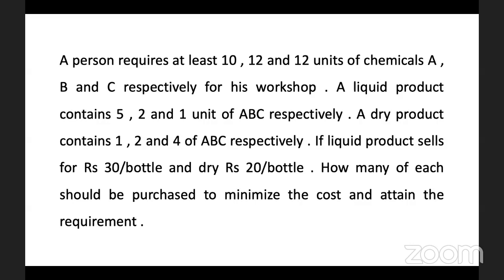You have to purchase these minimum requirements of chemicals either as a dry product or as a liquid product. But the most important criterion is that the cost should be minimized as much as possible. Okay, so that is how we are going to approach this particular problem.